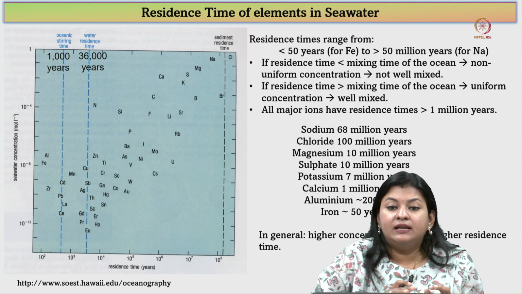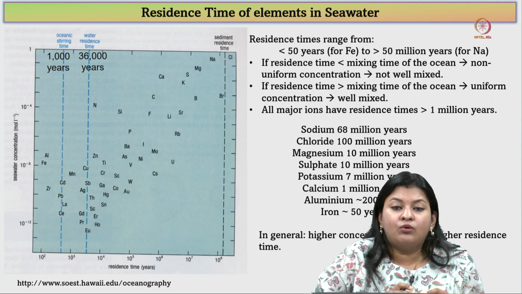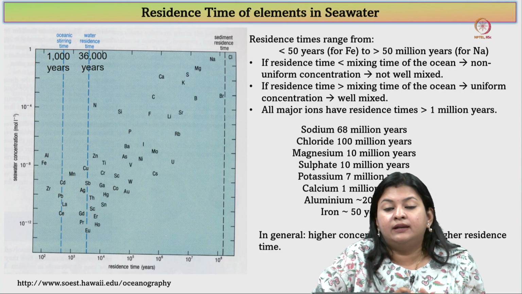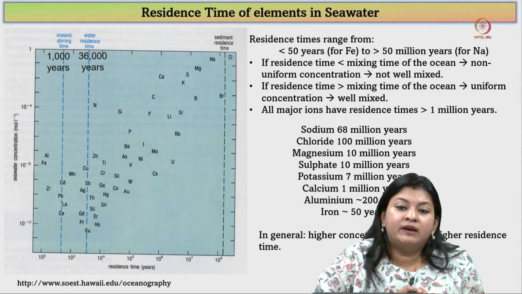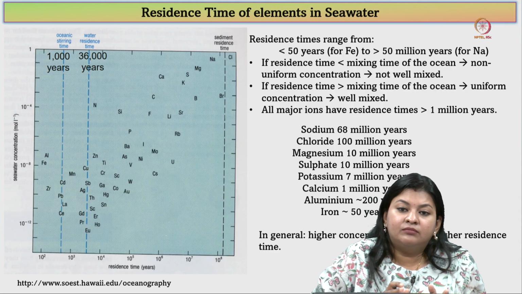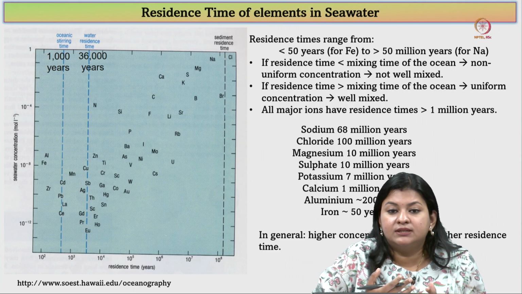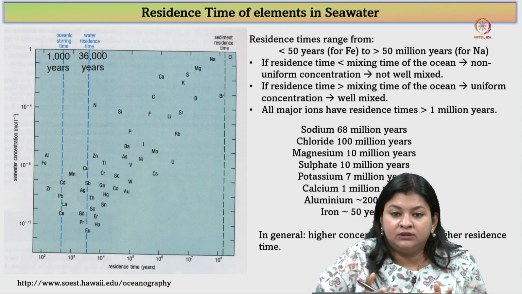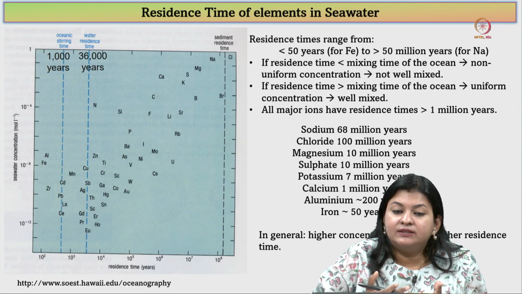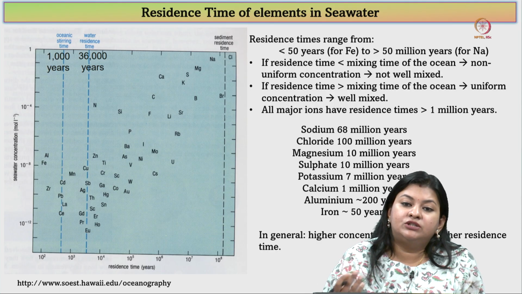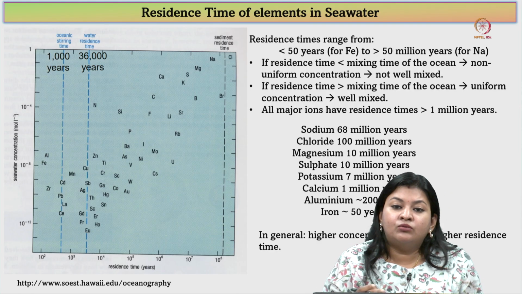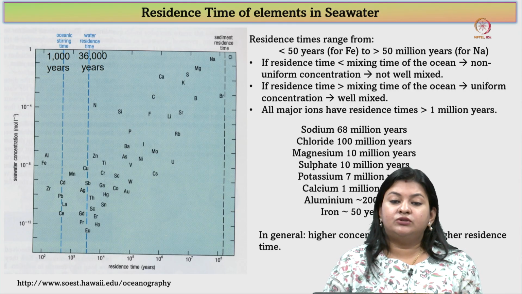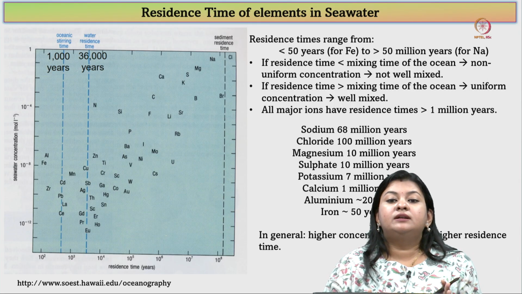It is specifically important to note that all the major ions have residence times of more than 1,000,000 years, which is many times higher than the mixing time of the oceans, around 1000 to 2000 years. In general, the elements existing in higher concentrations have higher residence times.